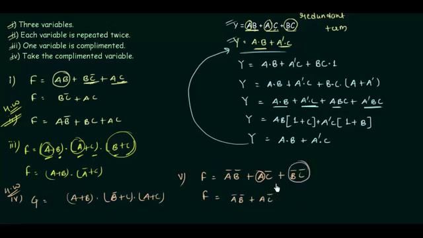We will omit this one because in this we don't have A. A is the only thing that is non-complemented. Initially we were looking for one variable that is complemented, but when all the variables are complemented and one variable is not, then we have to see the variable that is not complemented, and A is the one which is not complemented. That's why we have to take A, and A is there in the first term in complemented form and in the second term in the non-complemented form, so we took them.